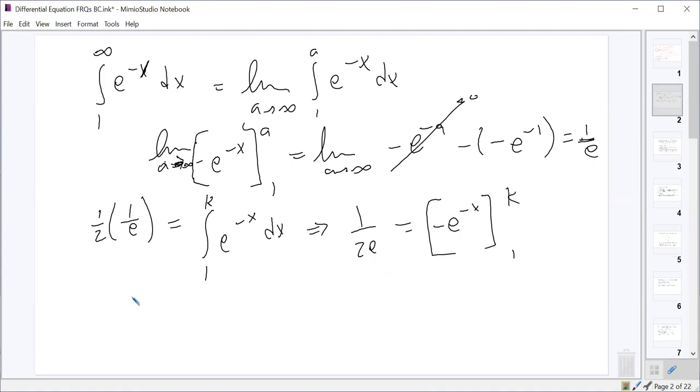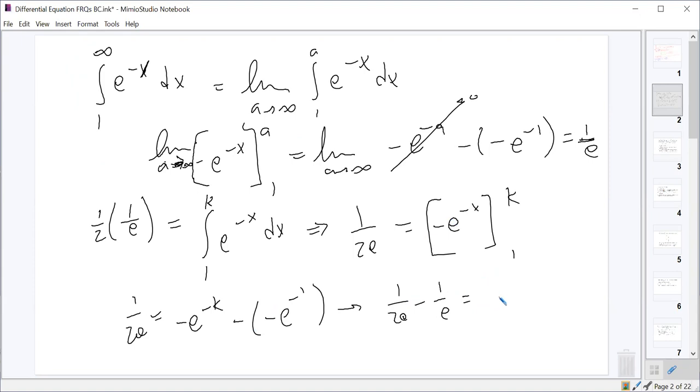Evaluating this gives you 1 over 2e equals negative e to the negative k minus a negative e to the negative 1, which becomes a plus e to the negative 1, or a plus 1 over e. So we've got 1 over 2e minus 1 over e. And at any point along here now, you could have just plugged this into your calculator to solve for k, but you can also get a nice exact value too if you want to.